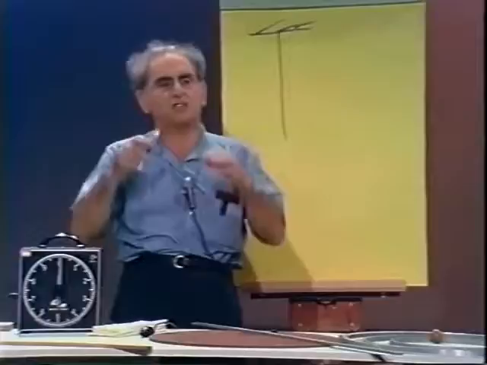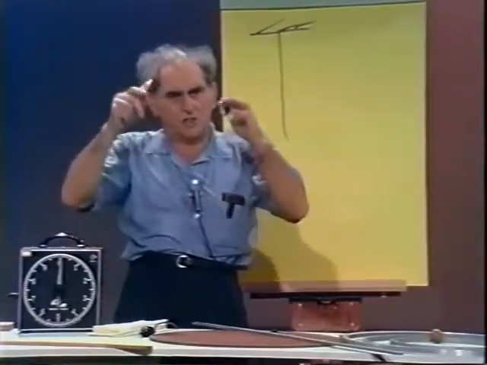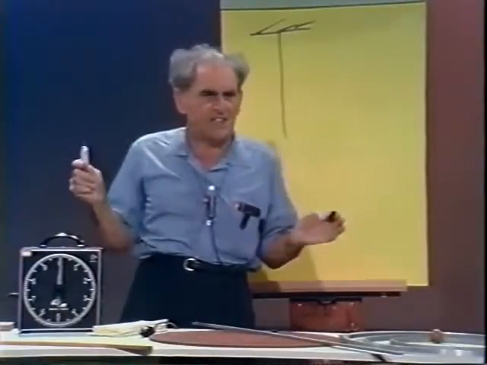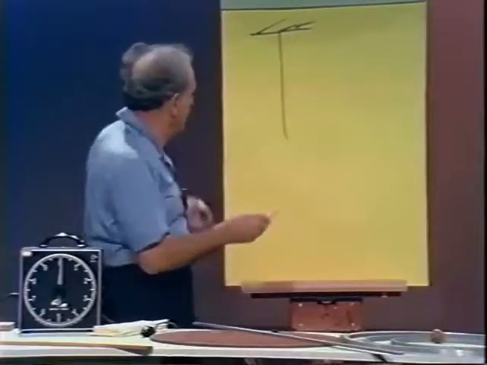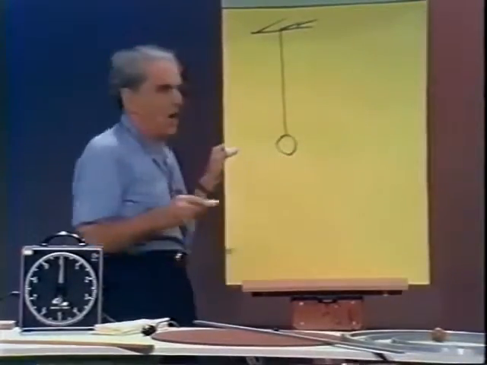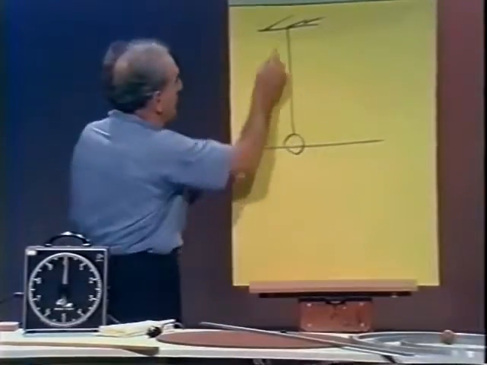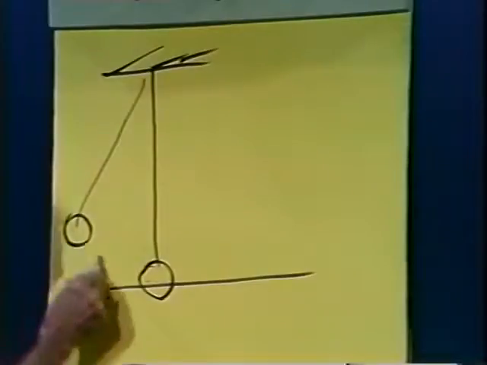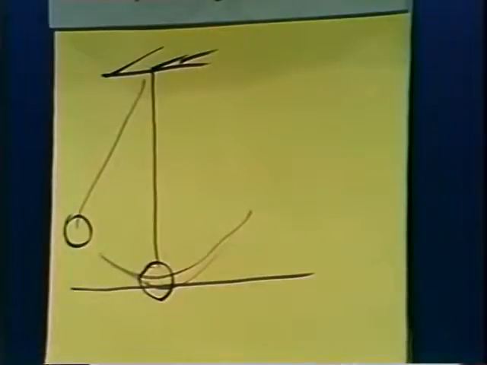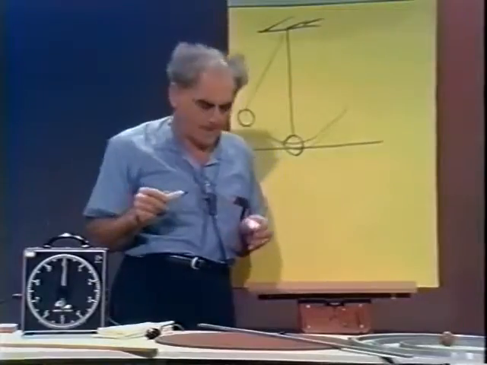By an ideal string, I mean a string that has no mass, no weight, has no inertia, is perfectly inelastic, ideal mathematically, and we hang a small bob on the end, and we displace it from this equilibrium position and let it go. It oscillates as a simple pendulum.